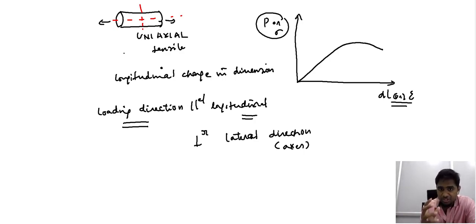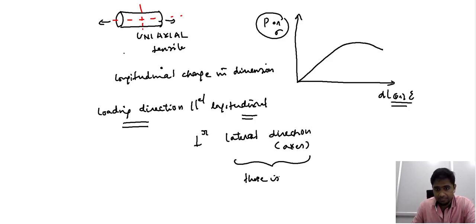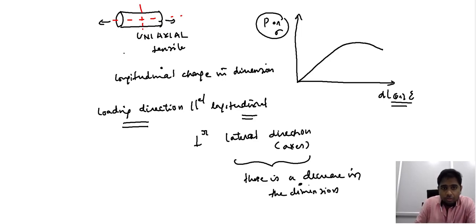And this dimensional change is quite opposite to the dimensional change that we observe in the longitudinal axis, that is, along the lateral direction or along the lateral axis, there is a decrease in the dimension. For a uniaxial loading of this form, even though there is an increase in the dimension along the longitudinal axis, there is a decrease in the dimension along the lateral axis.